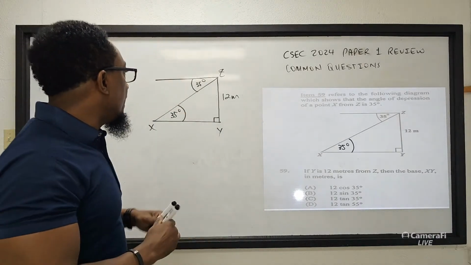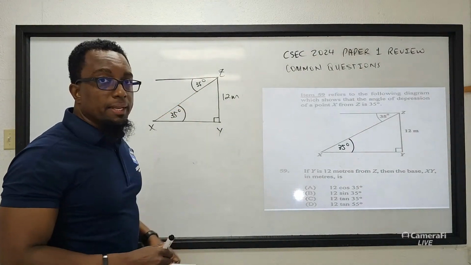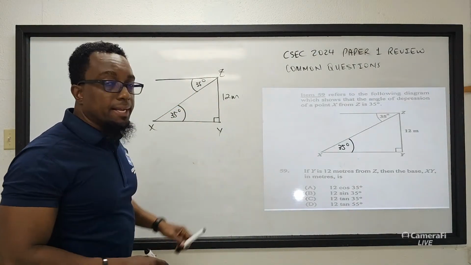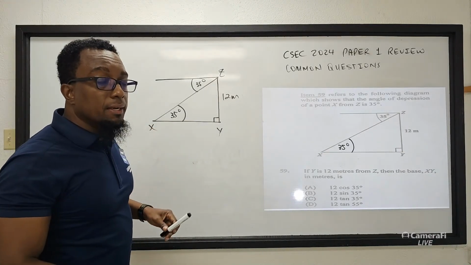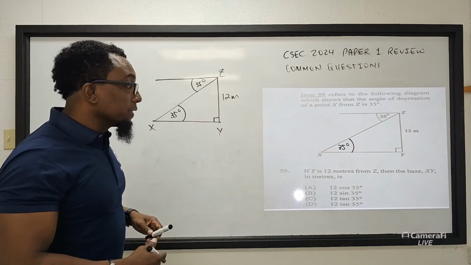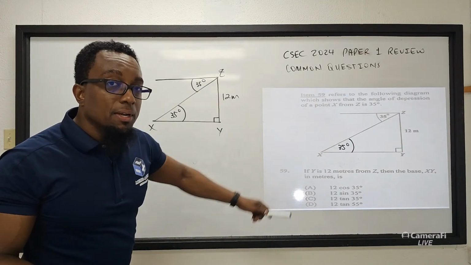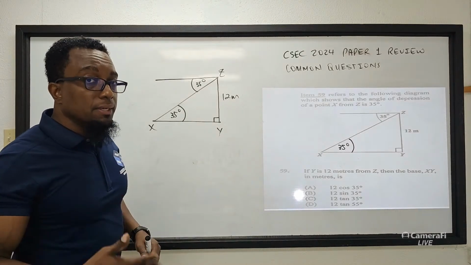And if they wanted to find XY, they will use trigonometry in that right angle triangle, which is not wrong if you decide to go with that acute angle of 35 degrees. What you're doing there is not wrong. But you're going to see that the answer will not be in your options.